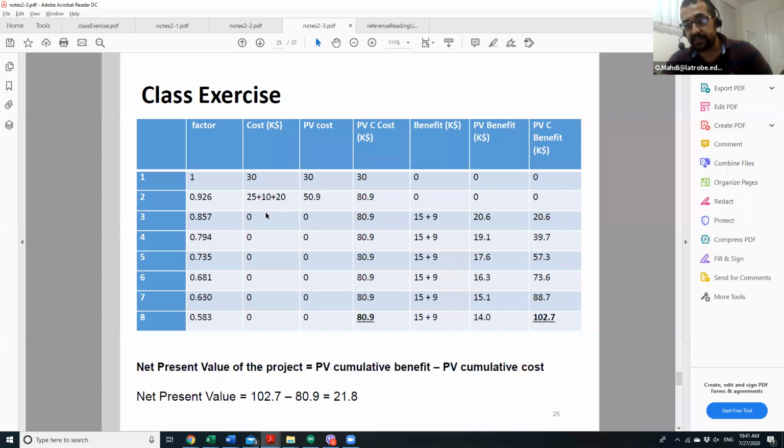So your task is to review this lecture by next lecture, and try to figure out and solve all these class exercises. So by next lecture, in the first 15 or 30 minutes, we're going to discuss all the answers to these class exercises together.